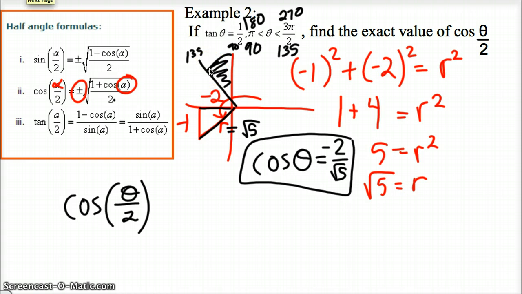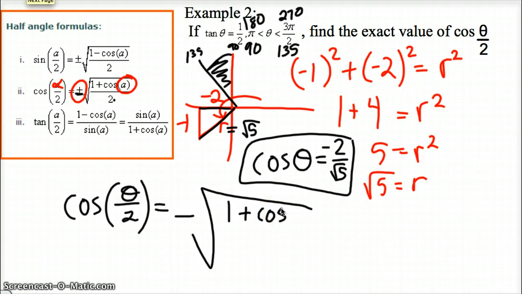Now I ask myself, is the cosine positive in that section of the unit circle or of any circle? And it is a negative cosine there because the x value is negative. So now I know I should be using the negative form of the equation, not the positive. Everything else would stay the same, but that negative or plus or minus depends on what the cosine will be at that point on the unit circle.